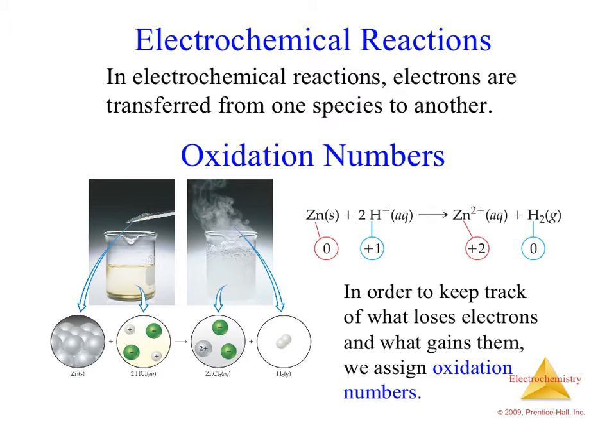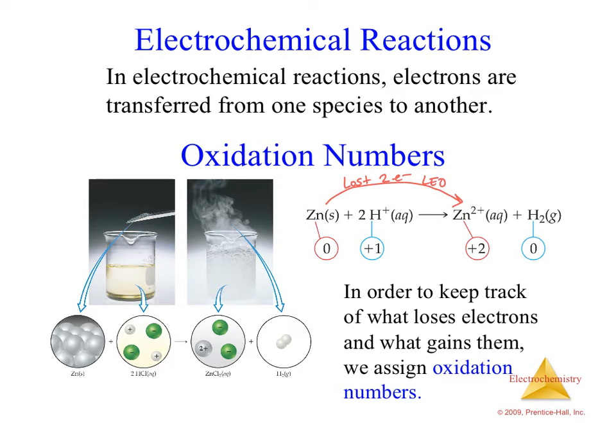As we can see here, solid zinc has an oxidation state of 0 because it has no charge. Zinc 2+ has an oxidation state of +2 because its charge is 2+. So zinc went from an oxidation state of 0 to +2, so it lost 2 electrons, and that's oxidation.